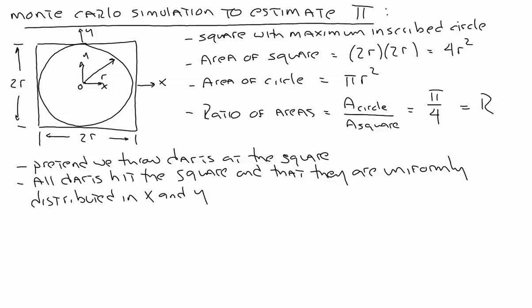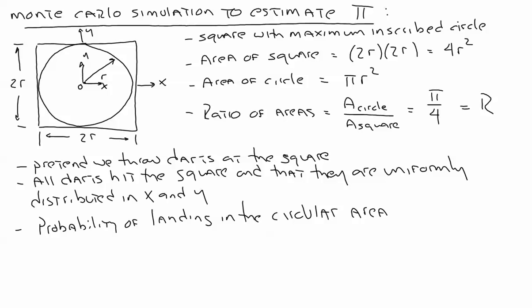Then the probability of landing in the circular area is P sub c, and P sub c equals the limit as n approaches infinity of n sub c divided by n.